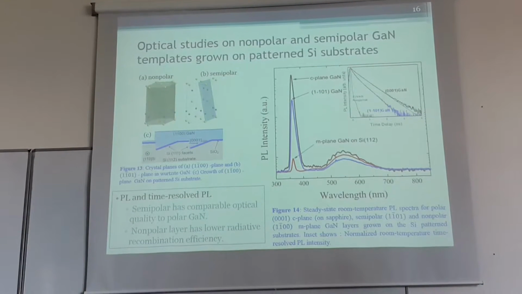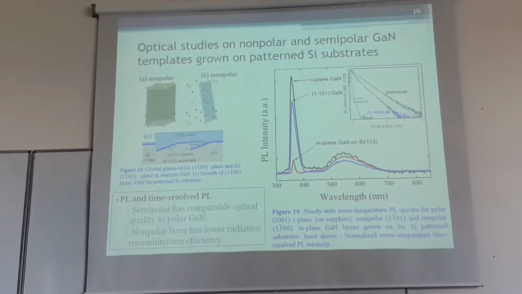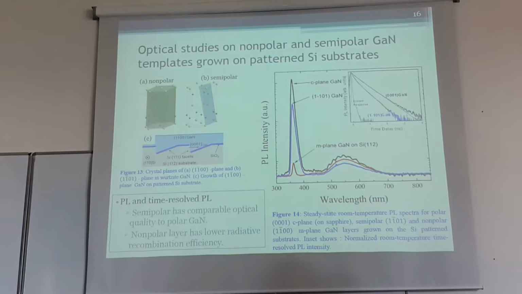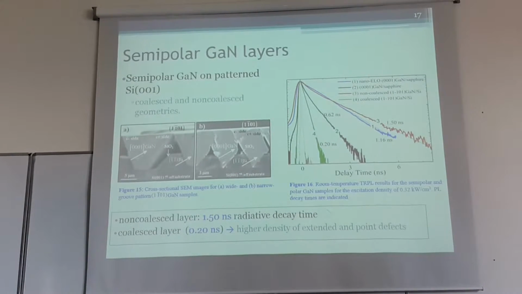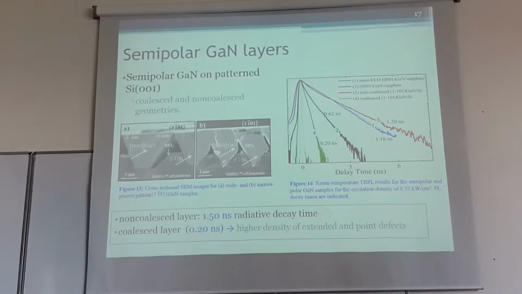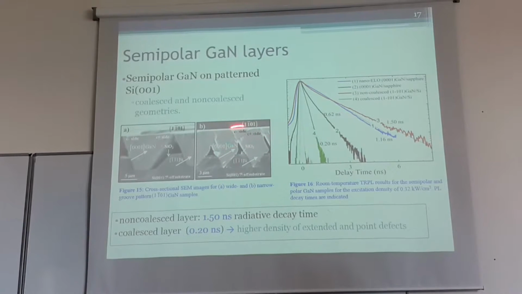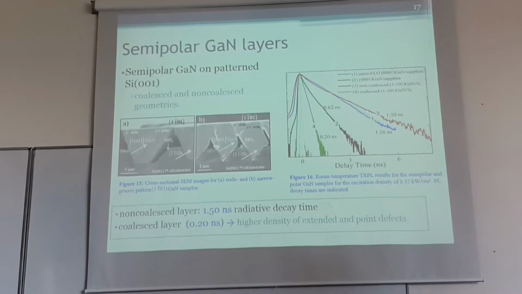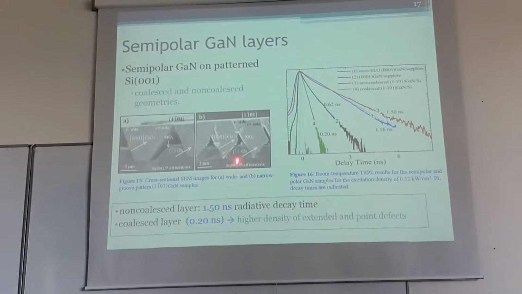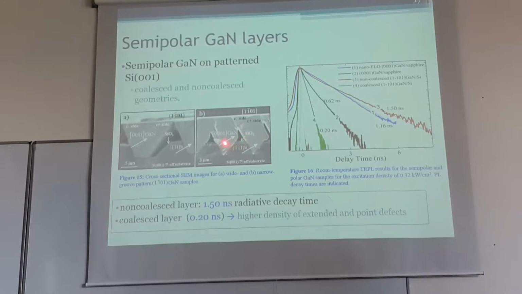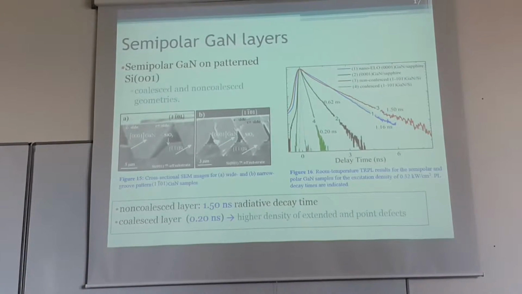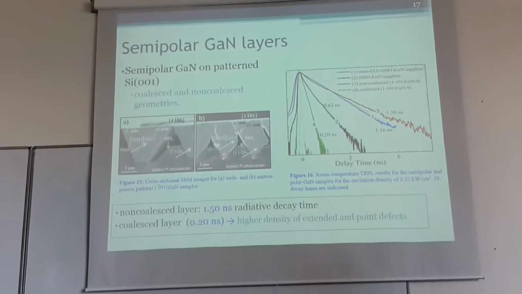For that reason, we wanted to investigate these semi-polar gallium nitride substrates more, for which we use two different silicon substrates, which have different traces, to obtain a film-like coalesced semi-polar film. This surface is semi-polar and this direction is the growth direction. It is the C-plane direction 0001, the basal plane gallium nitride direction.